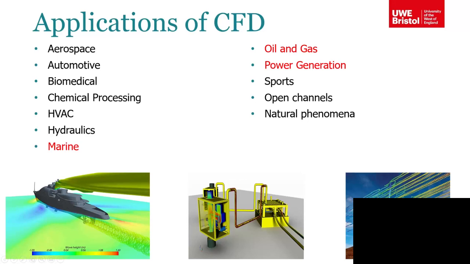And this is a wind turbine simulation. So in power generation, you have another example where you can look at the effects of ice generation on power lines, as well as wind effects on power lines, using CFD.